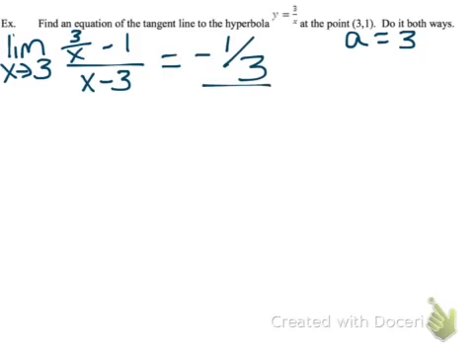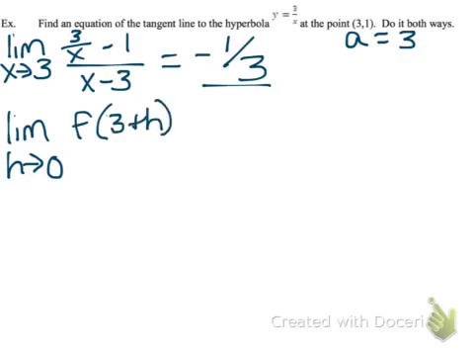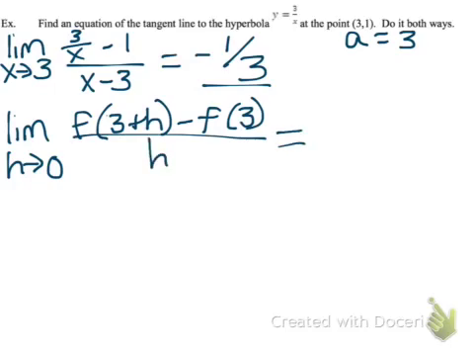Okay, if I do the other formula, just for setup, I would have limit as h goes to 0 of what? f of a plus h. So it would be f of 3 plus h minus f of a, which is f of 3, all over h. Plug these in, so I'd have limit as h goes to 0 of what?